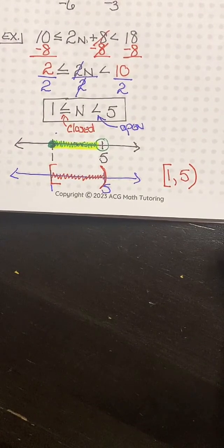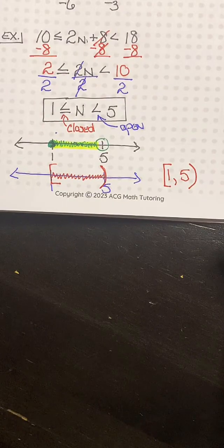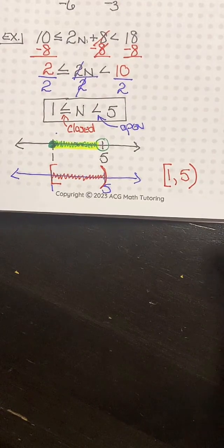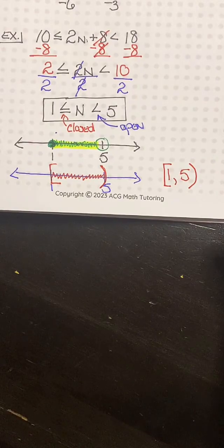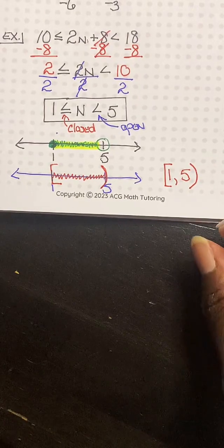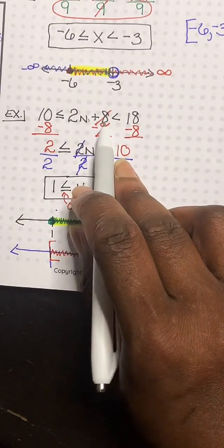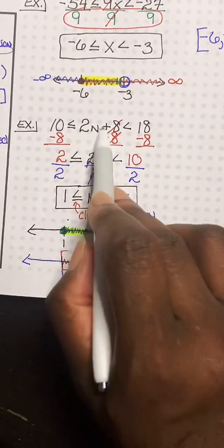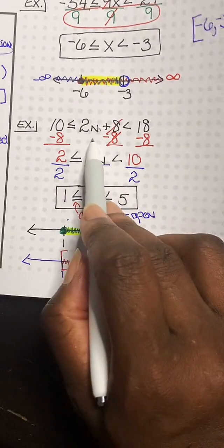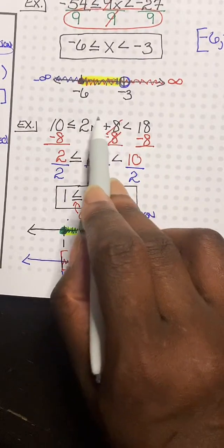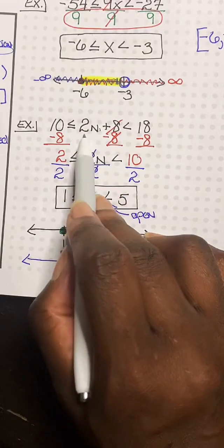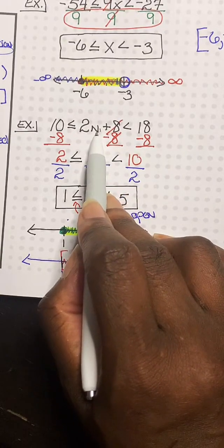Okay, Big Al. Why did we subtract the 8 instead of dividing by 2? Okay, remember, please excuse my dear Aunt Sally. When you're solving, you're doing it in reverse. You always want to take care of your addition and subtraction so you can isolate that variable. Right now that 2 is attached with that n.